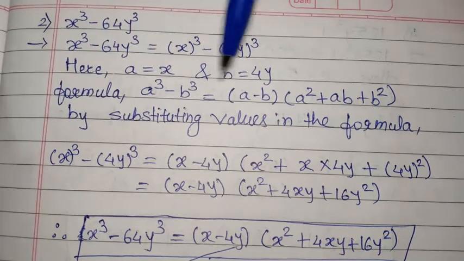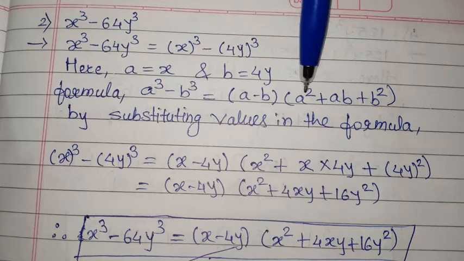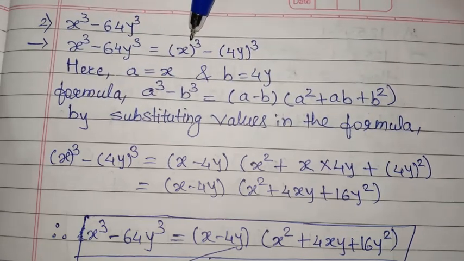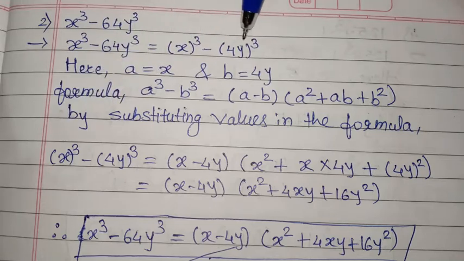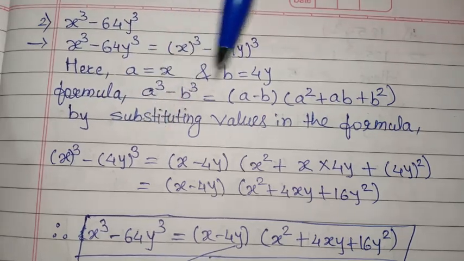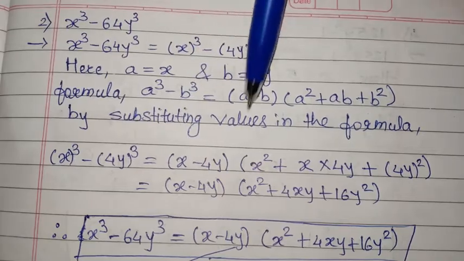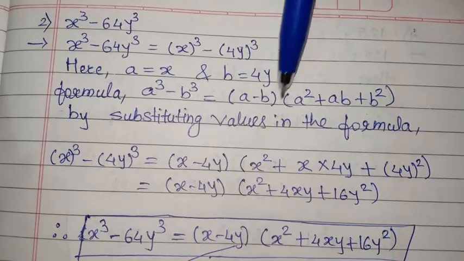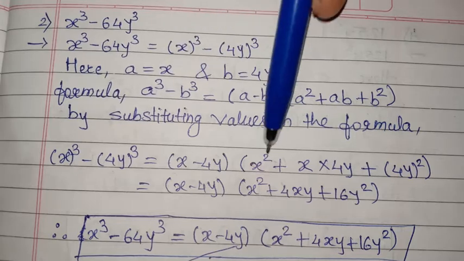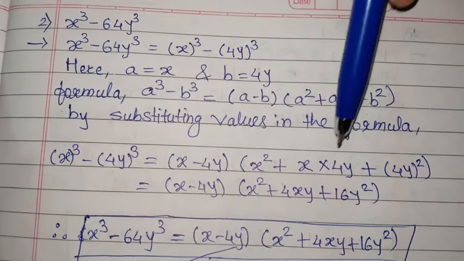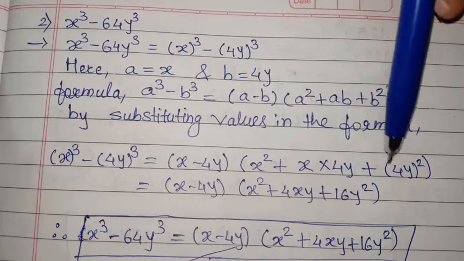Formula, you have to write down the formula in this step, by substituting values in the formula. Now write this, x cube minus 4y cube is equal to a minus b. What is a? a is x, minus b is 4y. Now a square is x square plus ab, which means what? x into 4y plus 4y square.